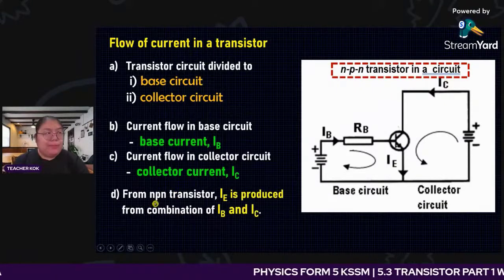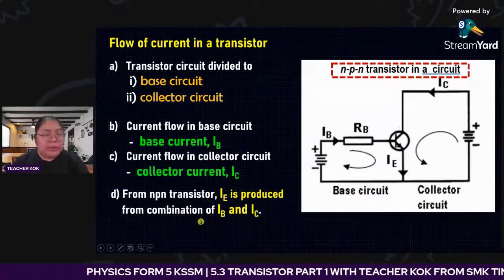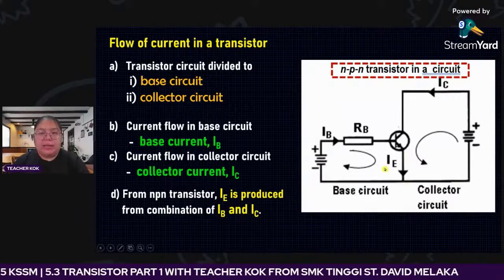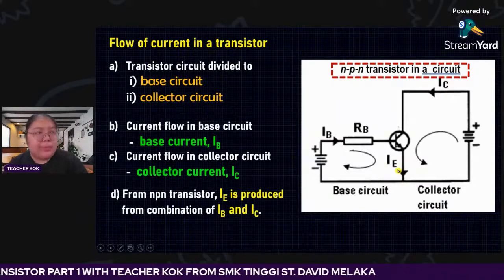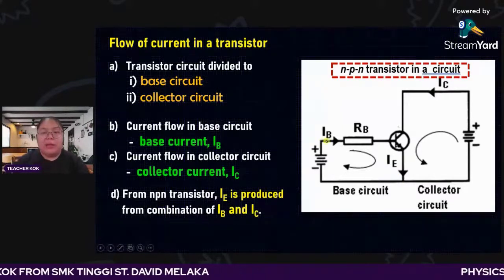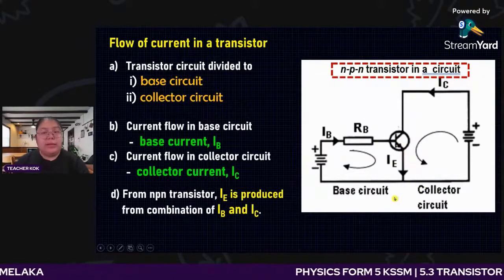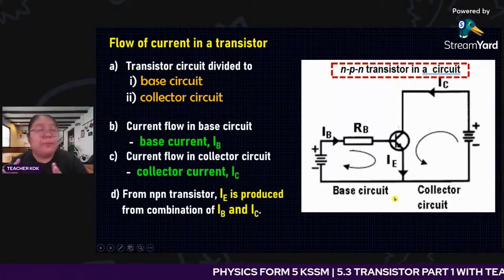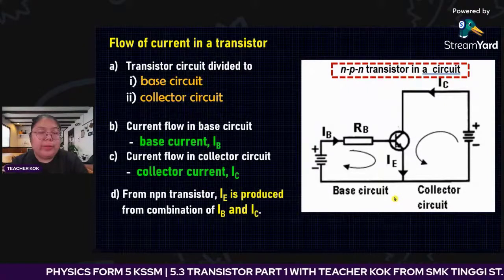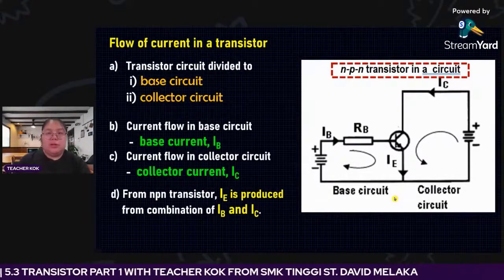From the NPN transistor, IE is produced from the combination of IB and IC. IE is the current at the emitter. Where does the emitter current come from? From IB and also IC. So that means the emitter current should be the biggest one because it collects all the current. So this is the NPN transistor.